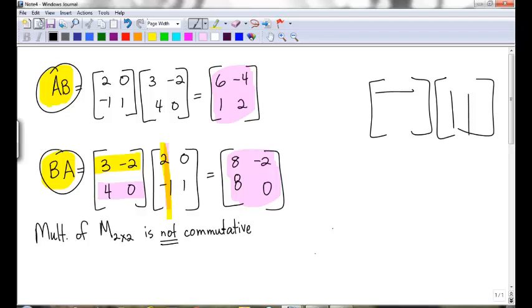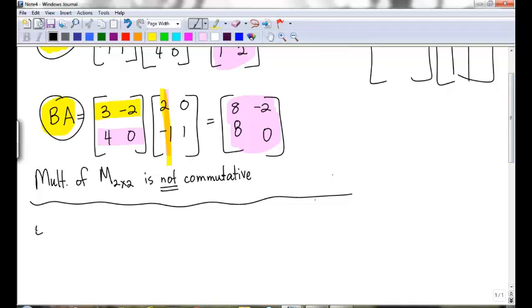Okay, let's look at another example. Say I give you matrix A, and remember it was rows by columns. This is a 2 by 3, 2 rows by 3 columns. First row across is 2, negative 1, 0.